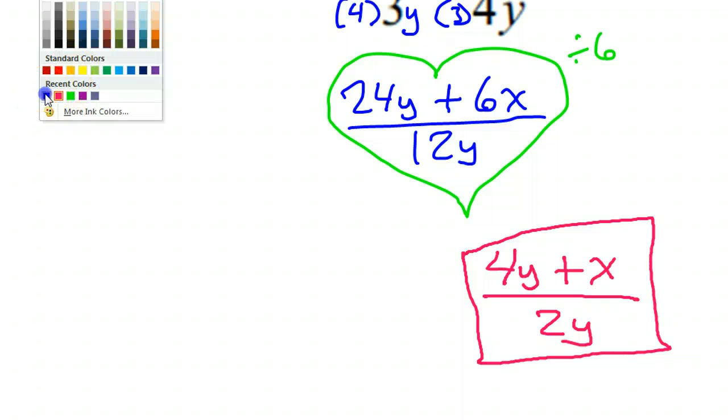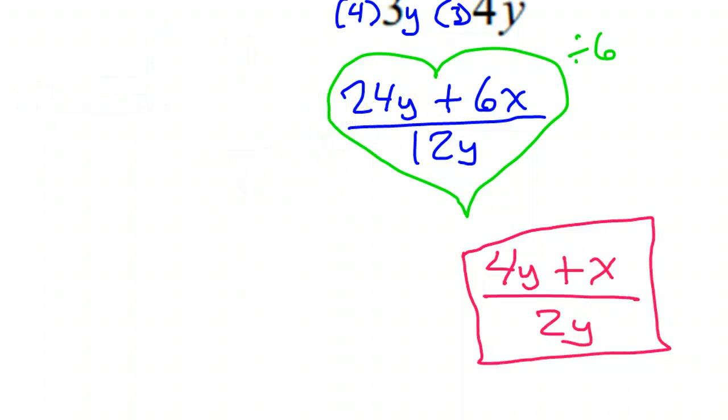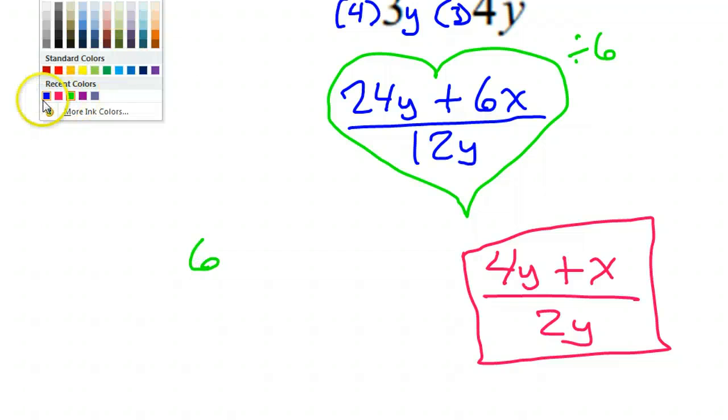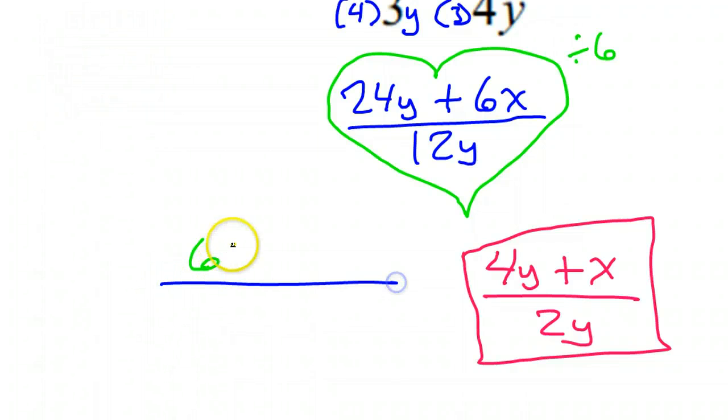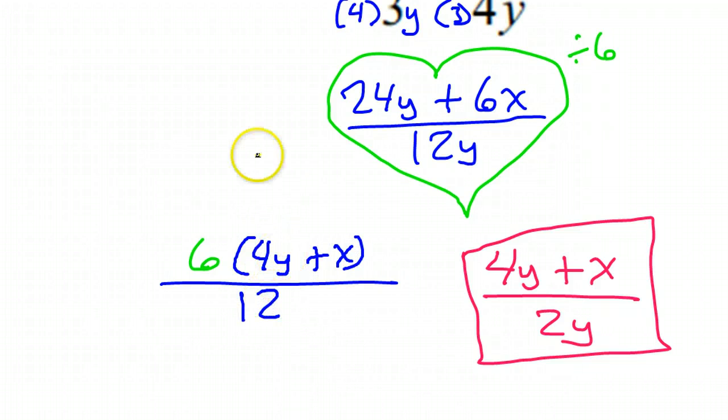For me that's the easiest way to think of it, dividing all of the terms by 6. But just one more time, I could have looked at it as GCF. Looking just at the numerator, the GCF is 6, so I could have done 6 times 4y plus x over 12y.